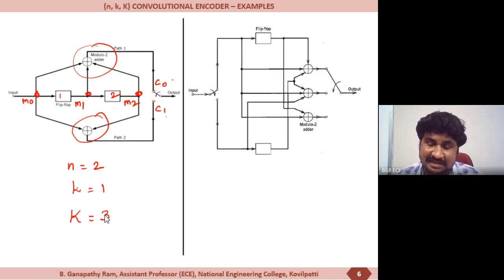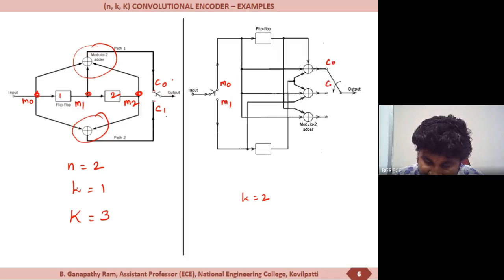Let us come to the second example, in which it is having two message bit options. One is M0 and another one is M1 is loaded here. At that particular point, here small k is equal to 2, and we are having three options here, C0, C1 and C2.